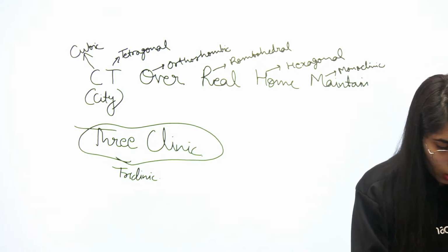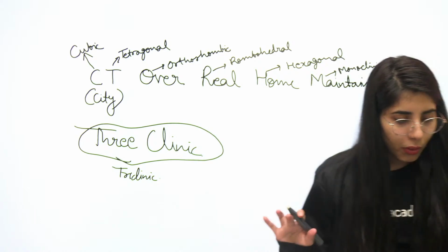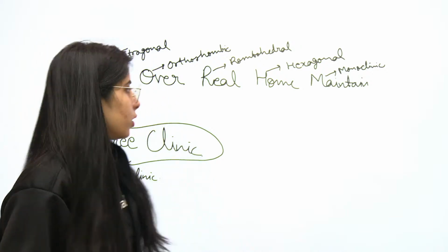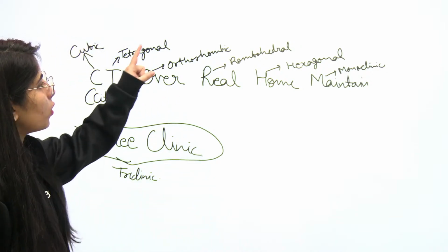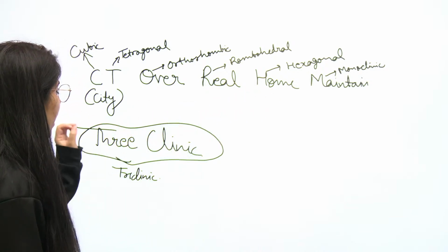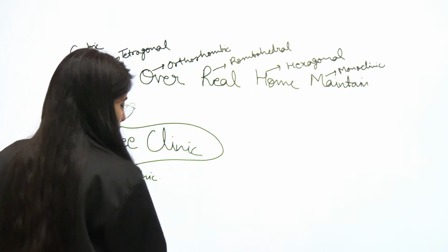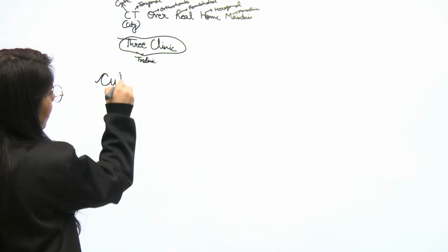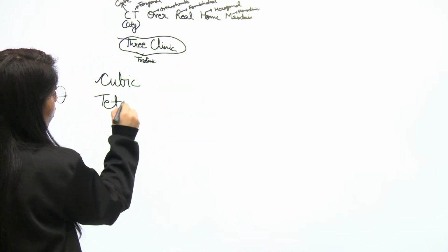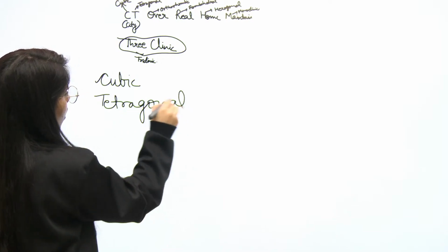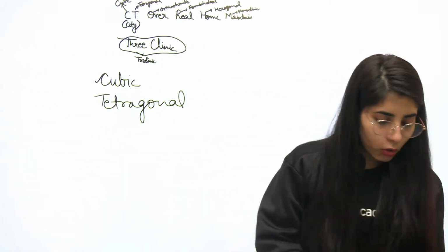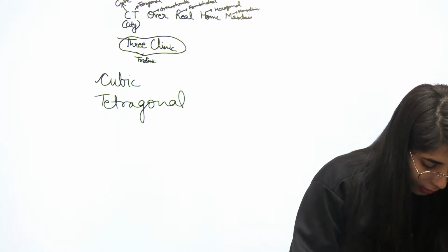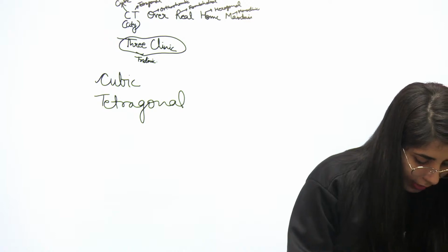So basically, guys, in all these cases there are going to be the lattice parameters a, b, c and alpha, beta, gamma. Once you know the sequence, cubic, tetragonal, orthorhombic, rhombohedral, hexagonal, monoclinic and triclinic, you are going to write them in sequence in this manner. Cubic, C, T, tetragonal. CT, over, O for orthorhombic. Clear?